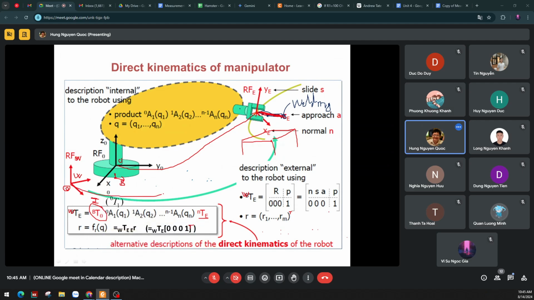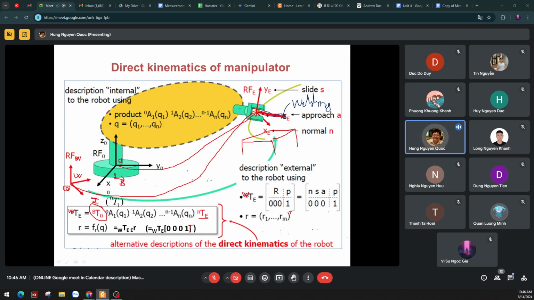TWE is from here to here, so it is equal to TWB. This is B, we already named it B, so in this case we assume that B and 0 are the same.